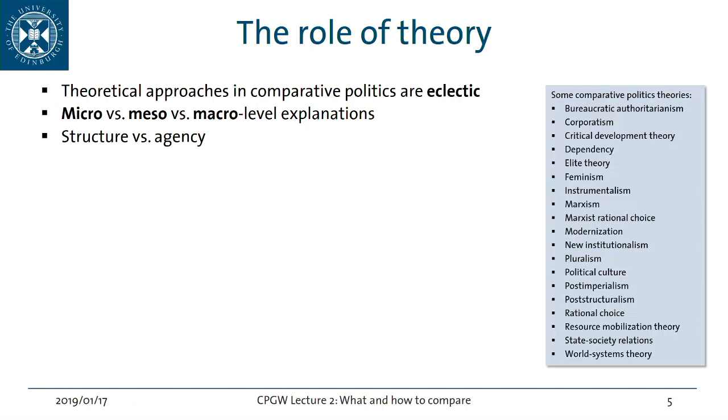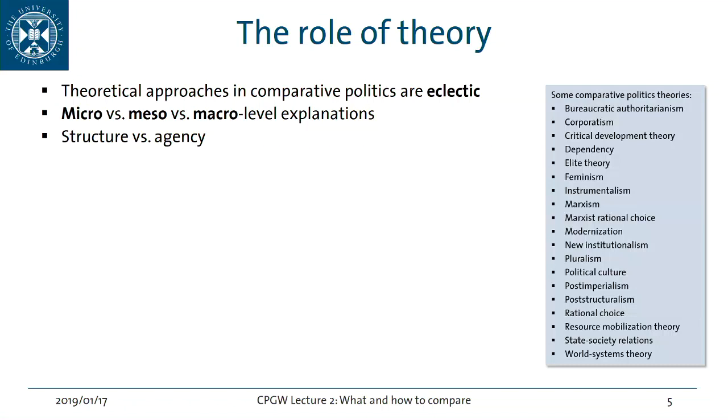But in general, you can divide comparative politics theories up into three very broad fields. There tend to be approaches that work on the micro level, approaches on the macro level, on the highest possible level, and on the meso level, somewhere in between. And this relates to what they particularly look at for their explanations of why politics works the way it does.